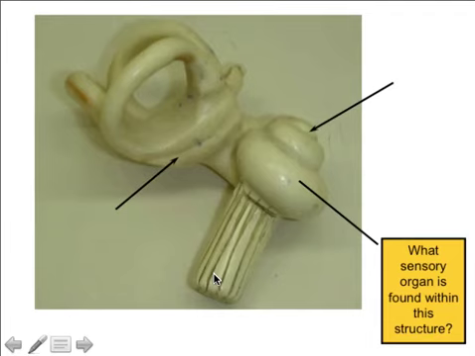Another view, you can see here the vestibule, the cochlea, okay, the organ of hearing, and the sensory organ found within this structure is called the organ of Corti, and that is what actually transforms sound stimuli into electrical impulses that we interpret via the temporal lobe as noise or speech.